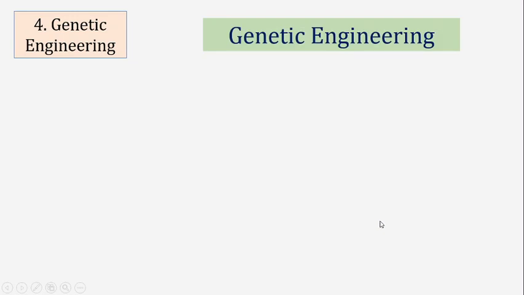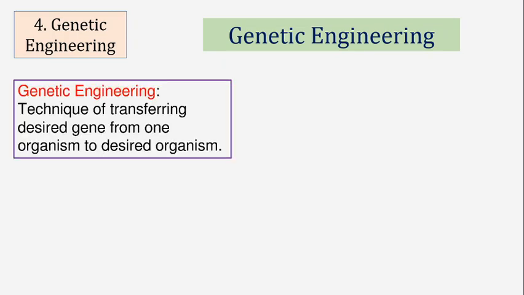From the term genetic, we can assume that it deals with genes present in an organism, and engineering means manipulation. So genetic engineering is the technique of manipulating or transferring a desired gene from one organism to the desired organism.